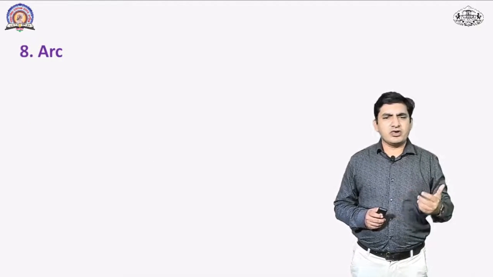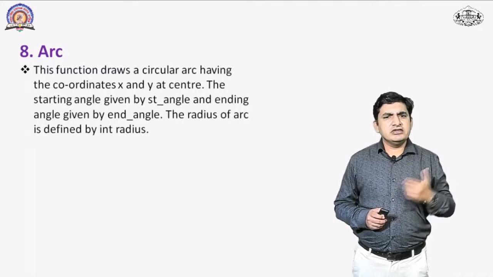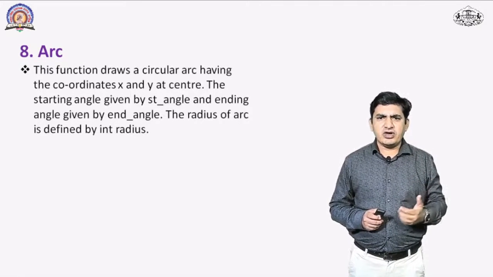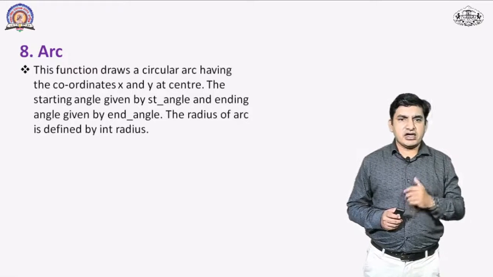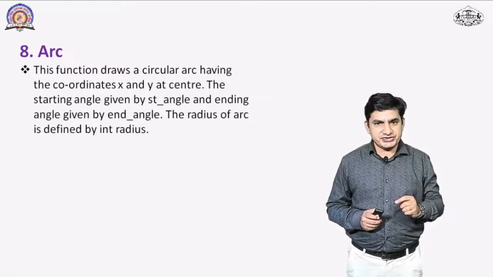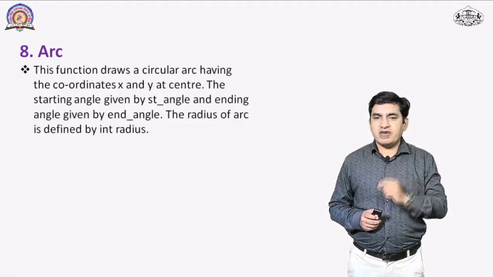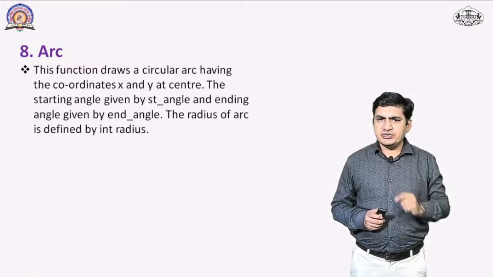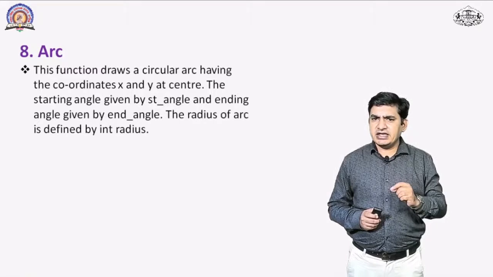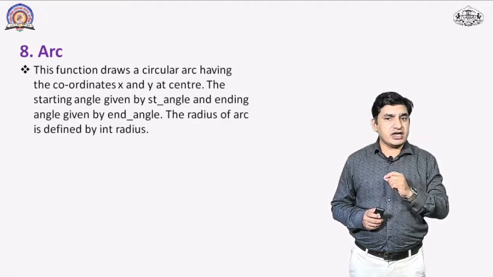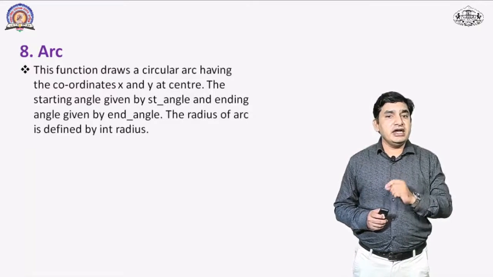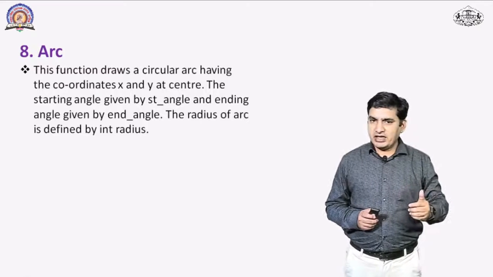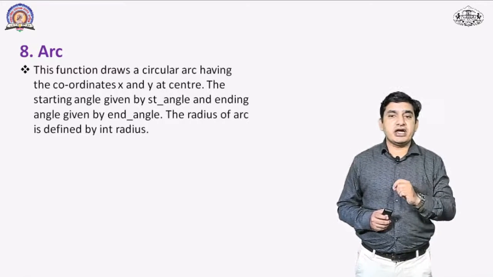Now, we have to draw an arc. The function draws a circular arc having coordinates x and y at the center. The starting angle is given by st_angle and the ending angle is given by end_angle.